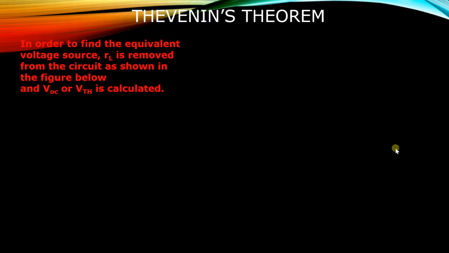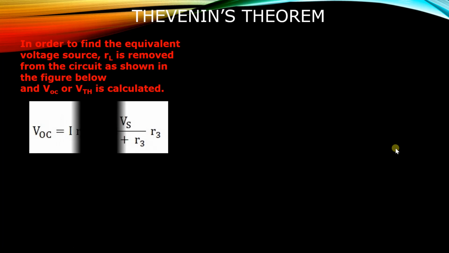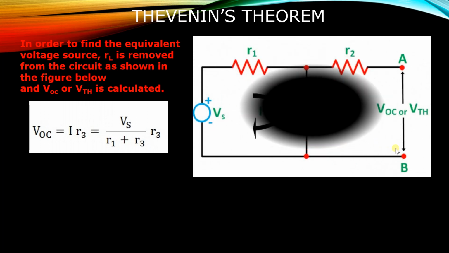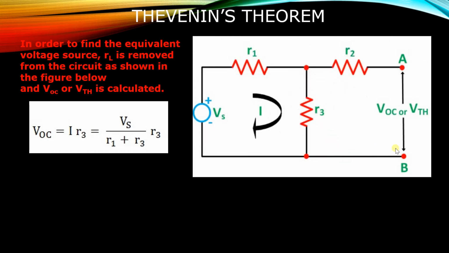In order to find the equivalent voltage source, RL is removed from the circuit as shown in the figure, and this is called VOC, the open circuit voltage, or VTH, the Thevenin voltage.